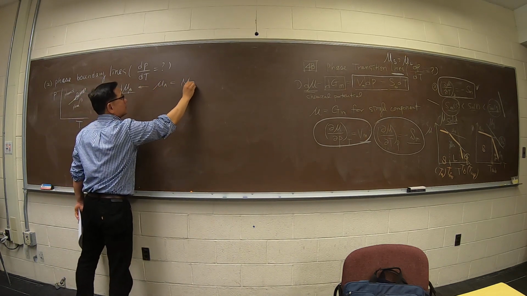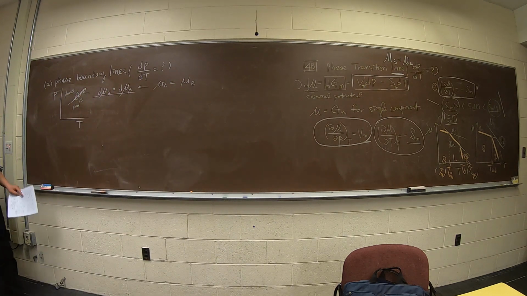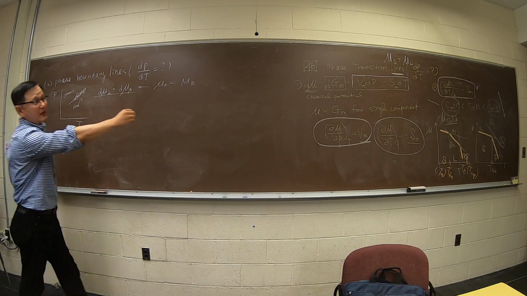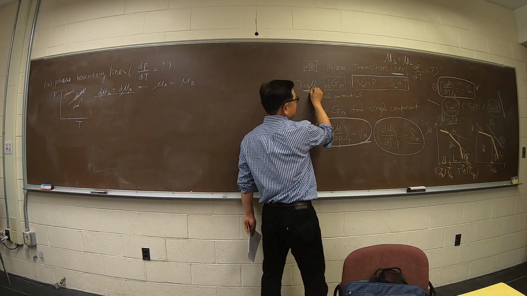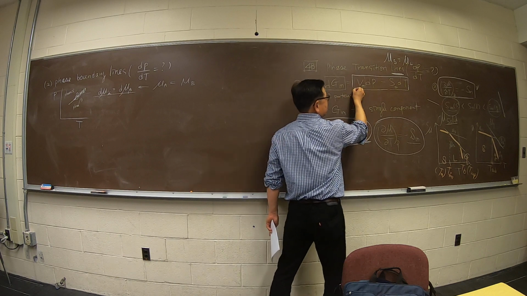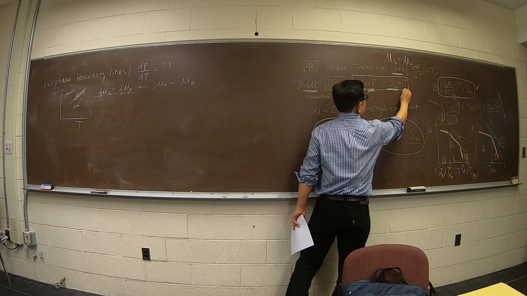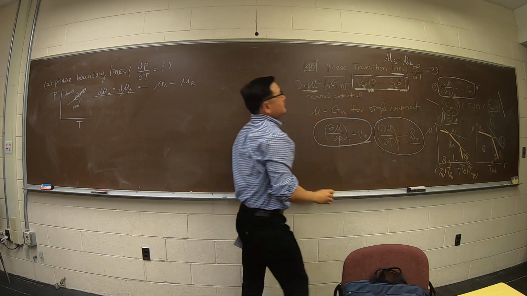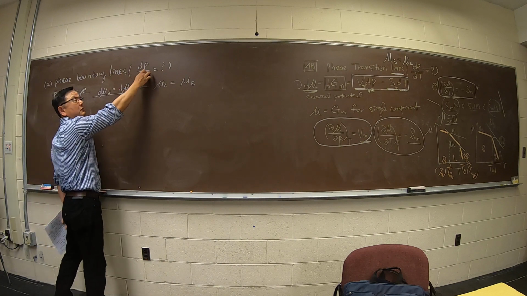This is the same as what I drew before, the same chemical potential, but now I'm going to use a differential form so that I can use the relationship that I just showed up here. The chemical potential change for any phase can be described by pressure change and temperature change, with the volume and the entropy. So this is what you see here.